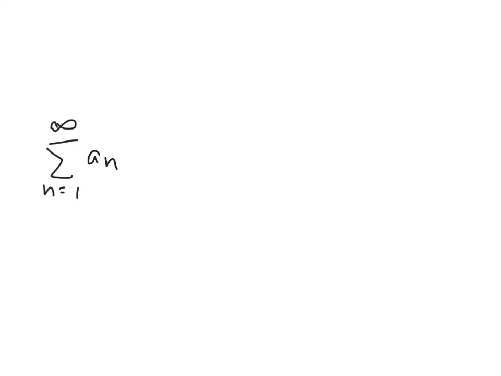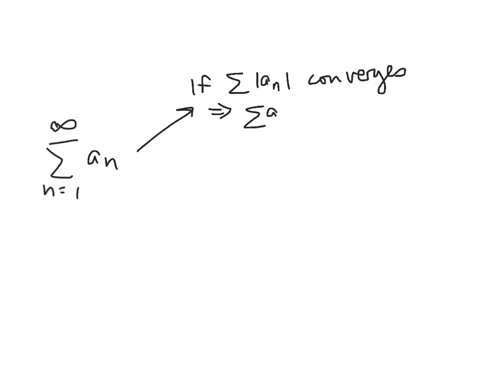So we have two cases. The first case is if the sum of the absolute values converges. This tells us that our original sum converges absolutely.